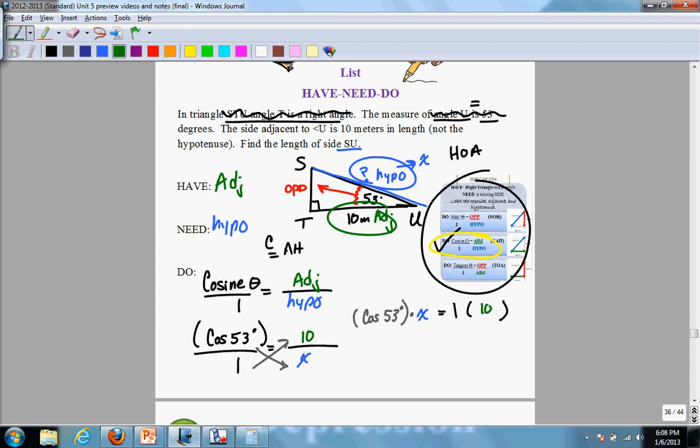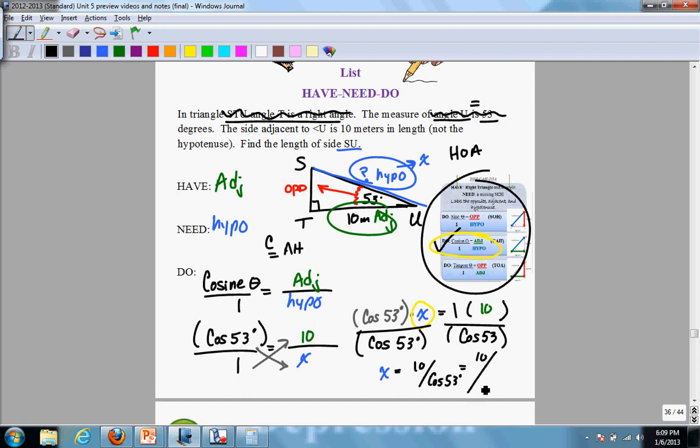We want x by itself. So I'm going to divide both sides by cosine 53. Keep parentheses around that. So x is going to equal 10 divided by the cosine of 53 degrees.